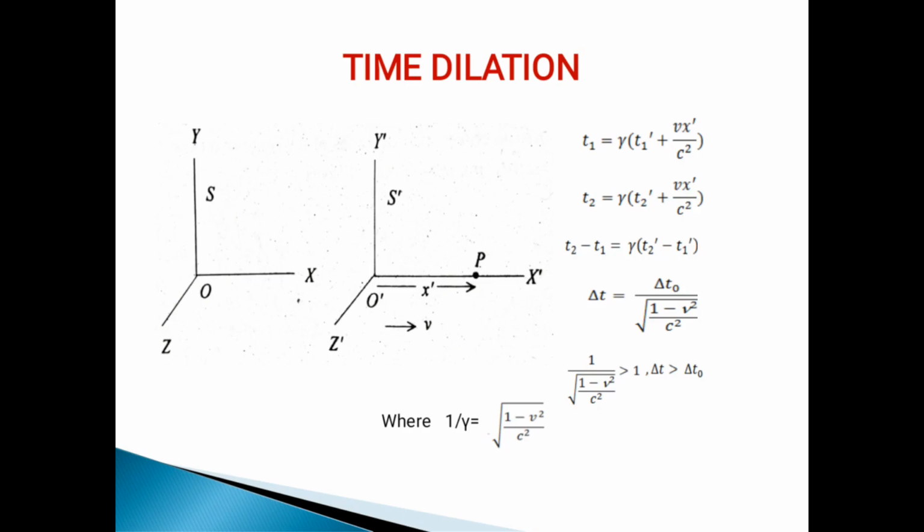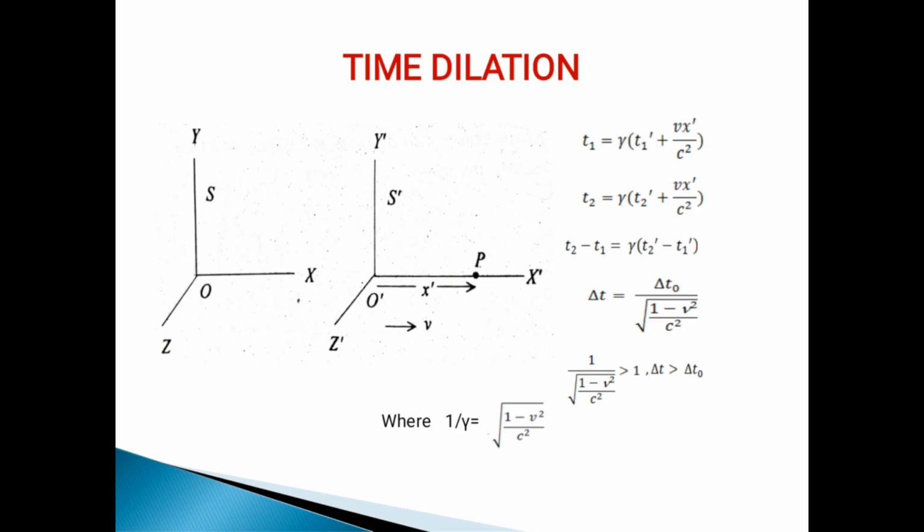Time dilation. Let a frame S prime move along the x-axis with a velocity v relative to S. Now assume a gun placed at a position in S prime. Suppose it fires two shots at times t1 prime and t2 prime measured with respect to S prime. In S prime, the clock is at rest relative to the observer.